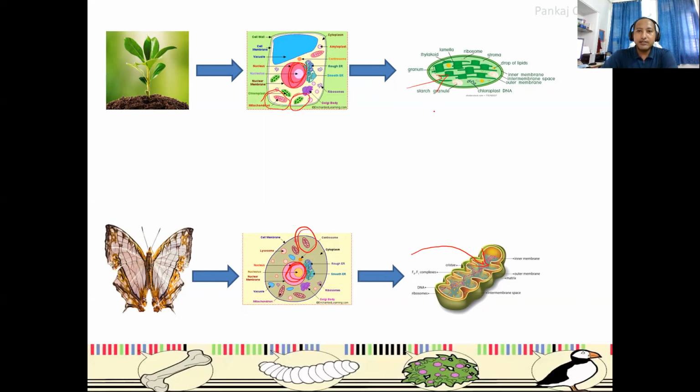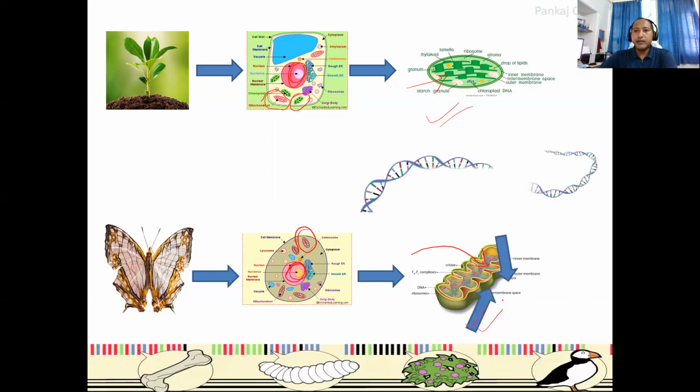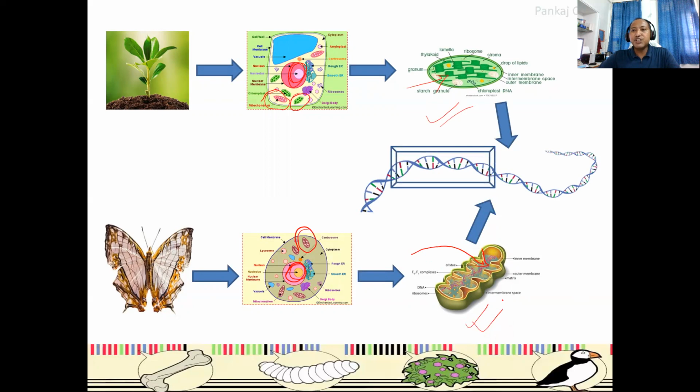So this is one chloroplast and this is one mitochondria, and we extract its DNA, be it from chloroplast or be it from mitochondria. After extracting, DNA is DNA, it's a double helical structure. So we concentrate on a particular portion of the DNA, not the entire chloroplast DNA or the entire mitochondrial DNA.